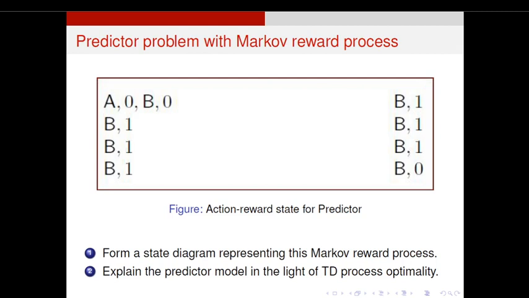So 100% of movement from A to the end terminal ends with reward 0. Now we can sum it up in a simple plot, and we can mark this probability and return in that plot, and that is called a Markov reward process.